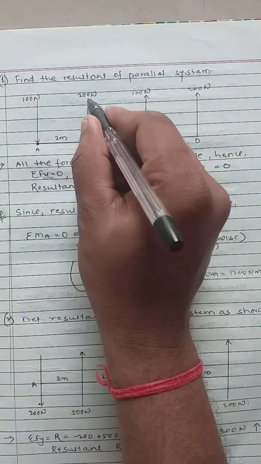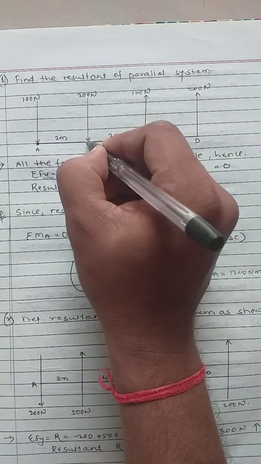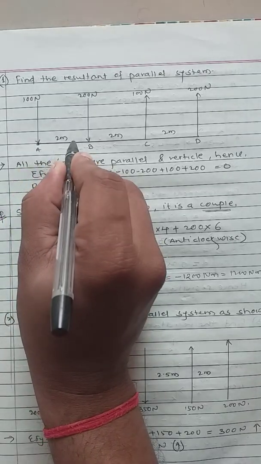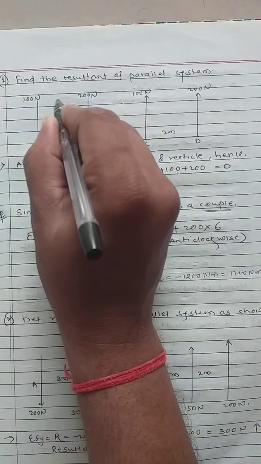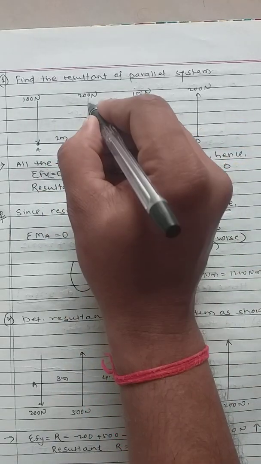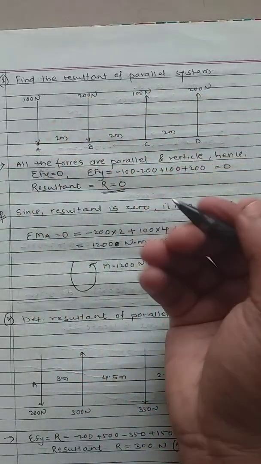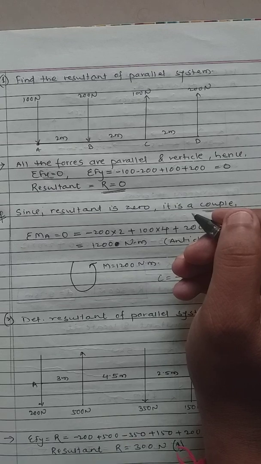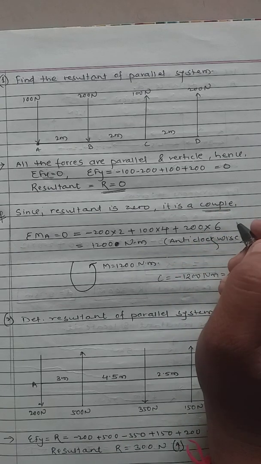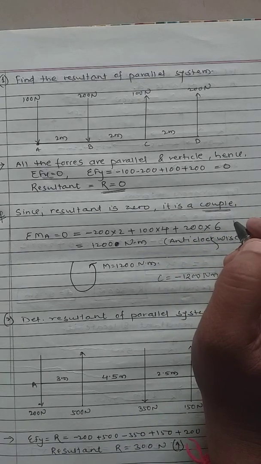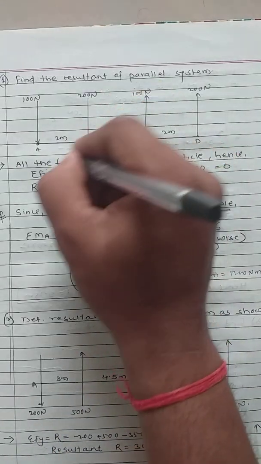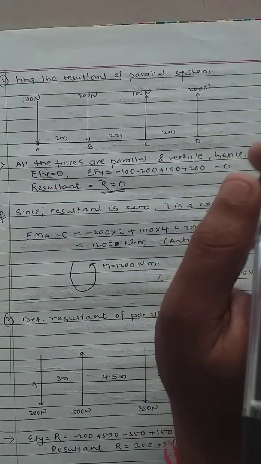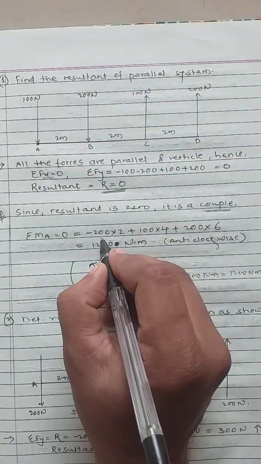Now this is 200. The perpendicular distance is 2 meter from point A. So 200 into 2, and this is in the clockwise direction. You can consider any sign convention, but we have to use the same sign convention throughout the problem. That is very important. You can consider clockwise positive or anticlockwise positive, no doubt. I have taken clockwise as negative.